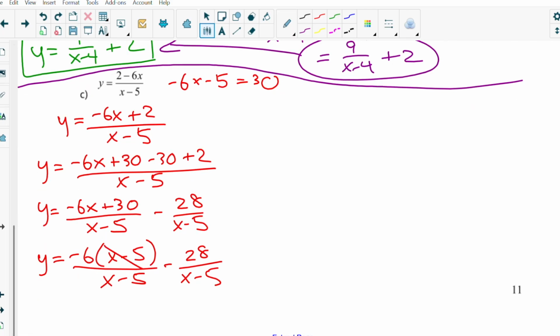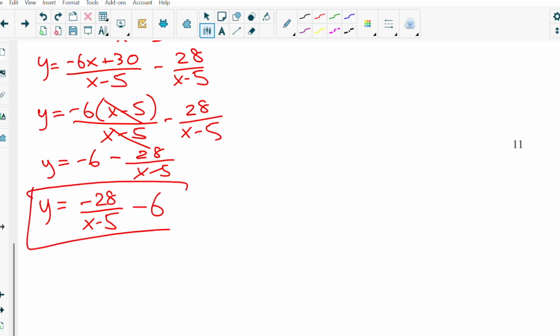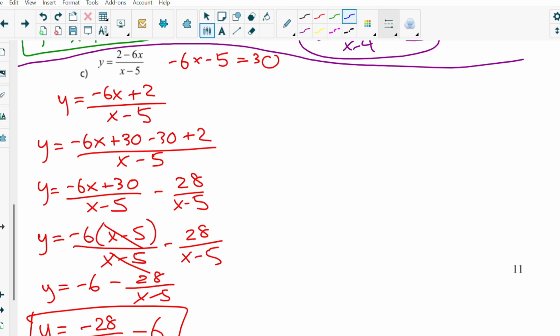And let's finish this. X minus 5 divided by x minus 5 is 1, and that's y equals negative 6 minus 28 divided by x minus 5. And let's spin it around and write it in order. So that's negative 28 divided by x minus 5 minus 6. So there's method 1. Let's do method 2, folks.